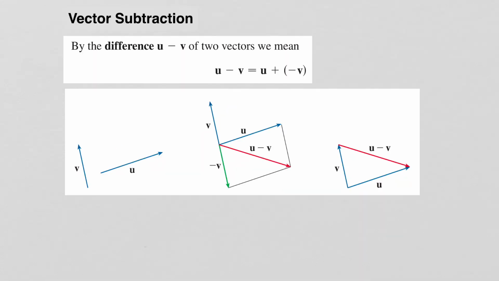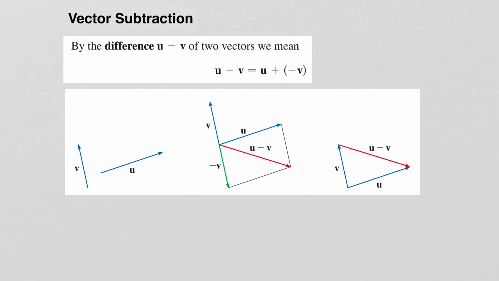To subtract two vectors, we can think of adding a negative. So if I take the vector u minus the vector v, I can think of that as the vector u plus the opposite of vector v. So if I have two vectors u and v, such as you see here, how do I represent the subtraction of those two vectors?